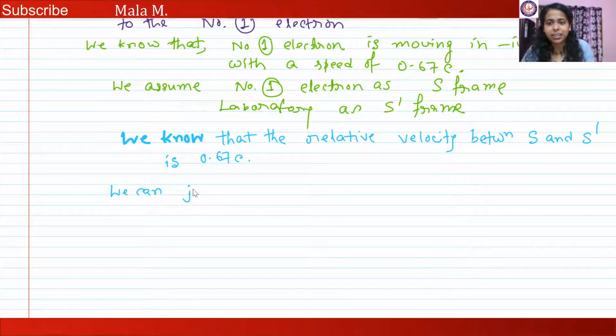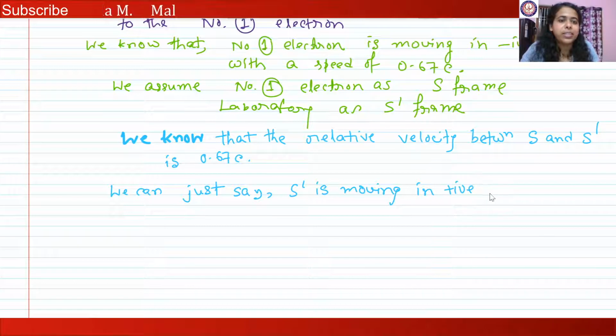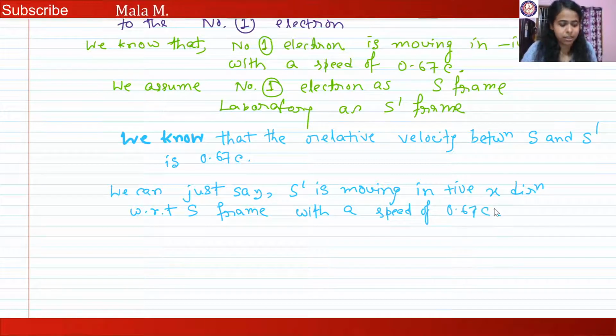We can say S prime is moving in the positive x direction with respect to the S frame with the speed of 0.67 c.